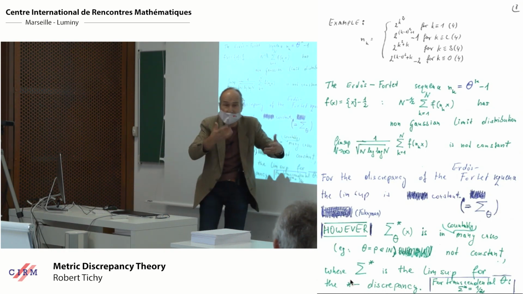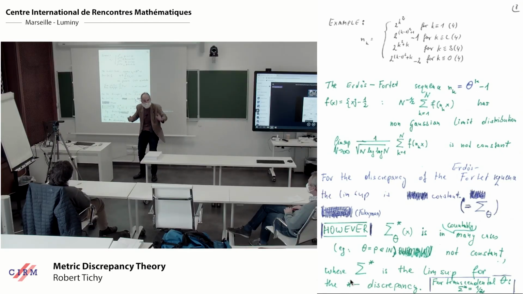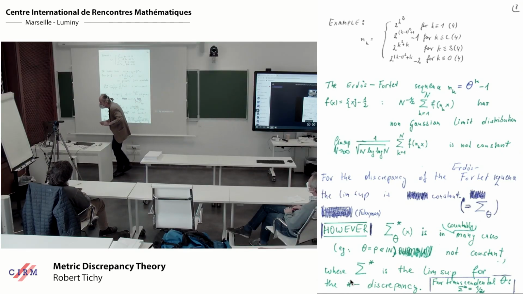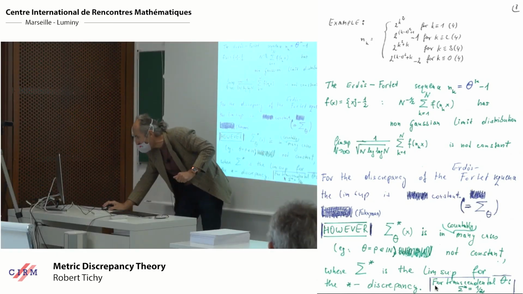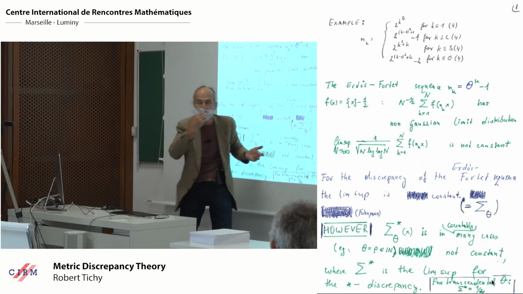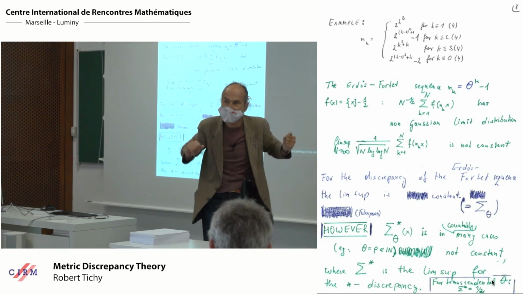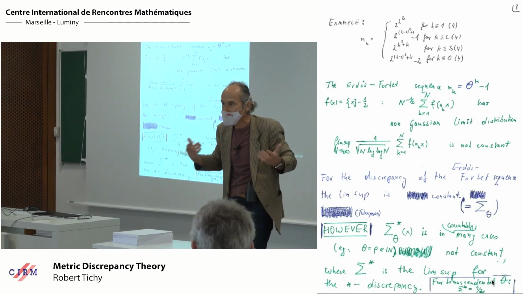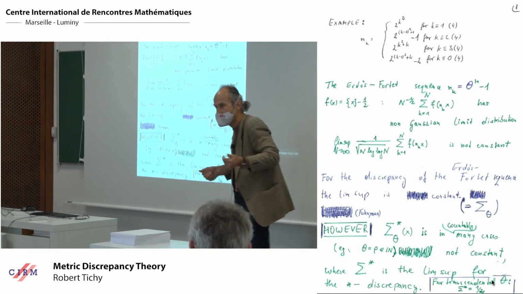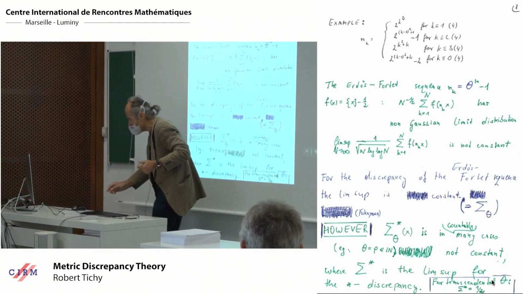It's a strange function which can be computed explicitly, but it's not a constant function. And as I mentioned already before, for transcendental theta, you always get the correct value, as it is known from classical probability theory, 1/2.